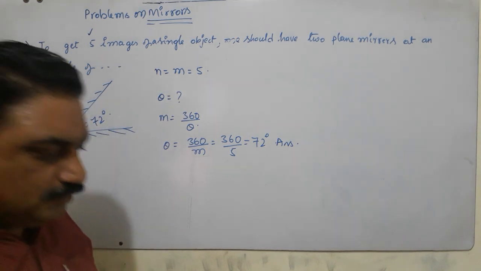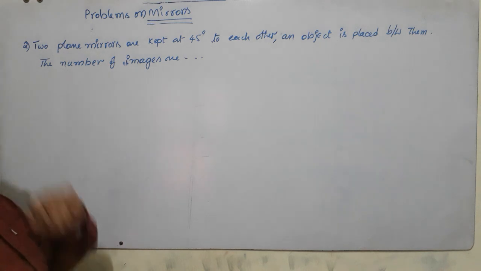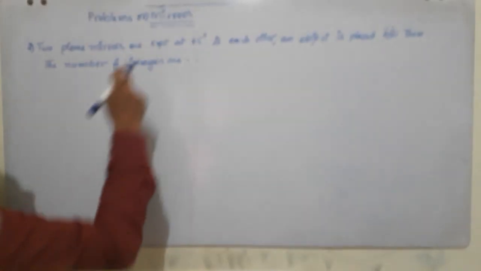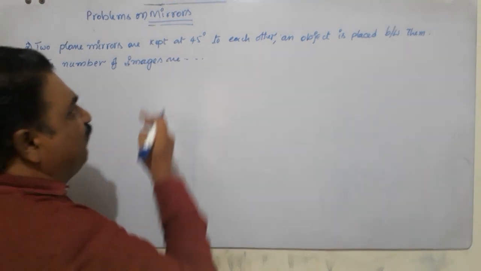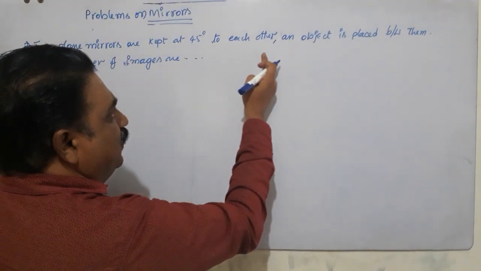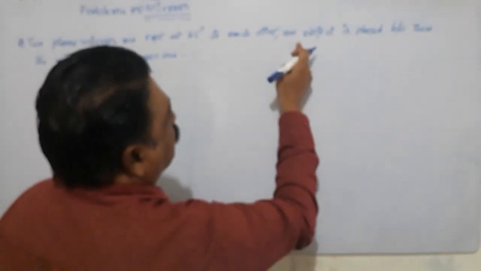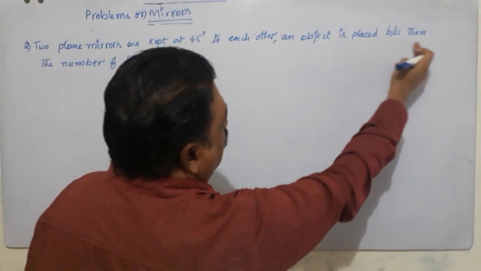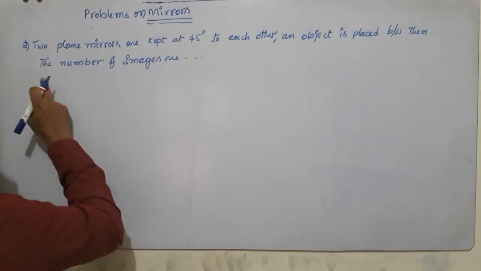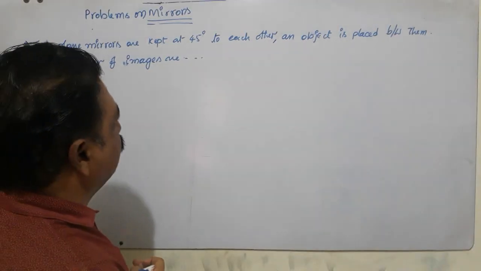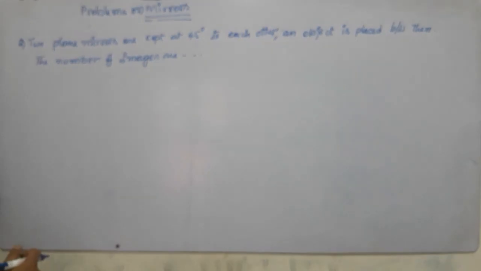Next problem. See this question. Two plane mirrors are kept at an angle of 45 degrees to each other, and an object is placed between them. The number of images formed is?